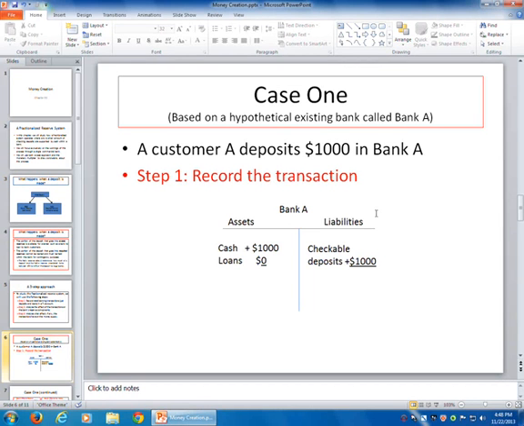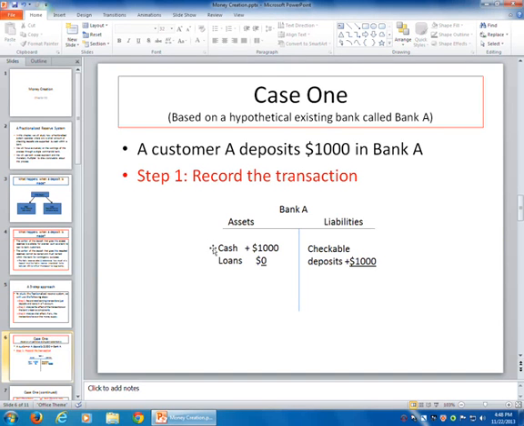So based on this first transaction, the customer deposits $1,000 cash in Bank A. You notice the cash goes up by $1,000. We're just tracking this transaction, where the bank may have $100 million in cash. We're just focusing on this individual transaction, trying to trace it through this process.